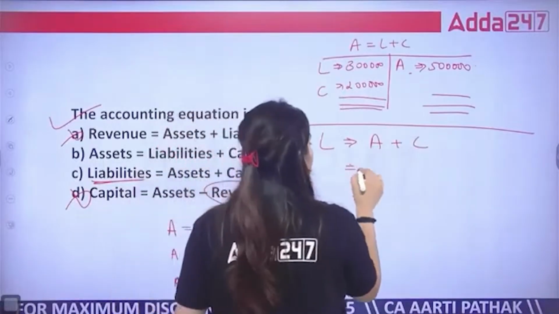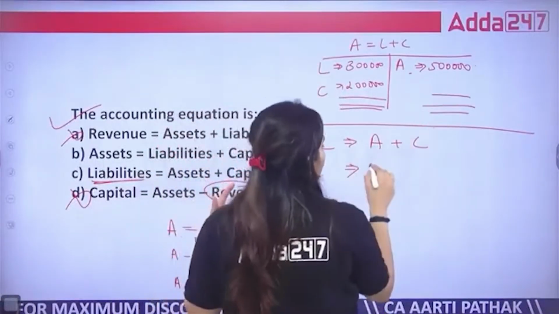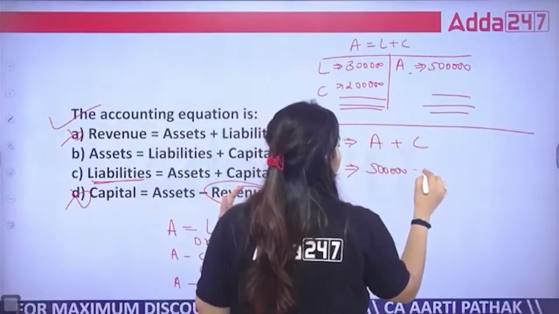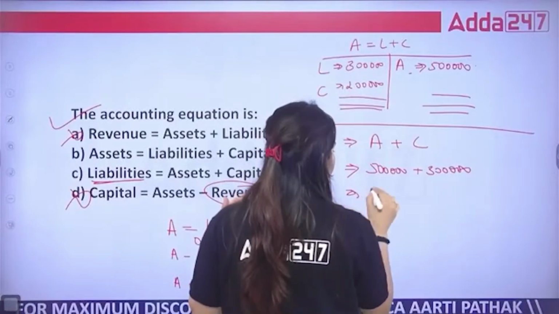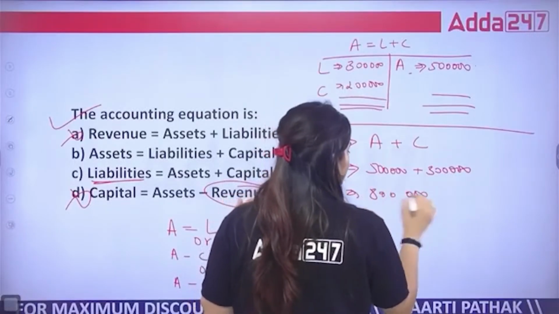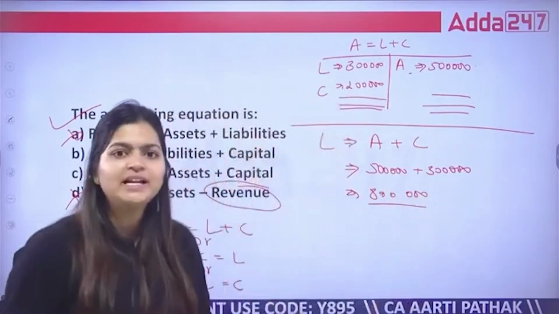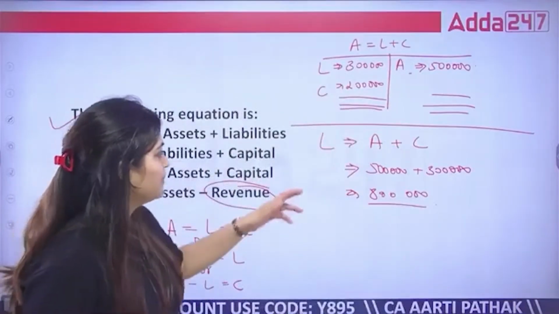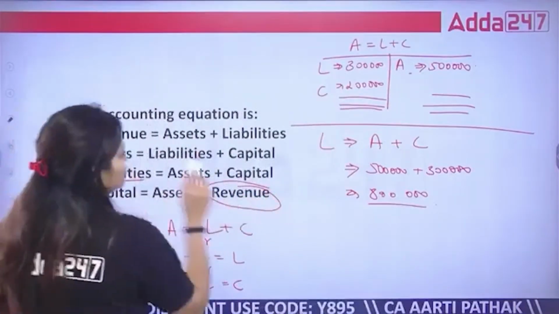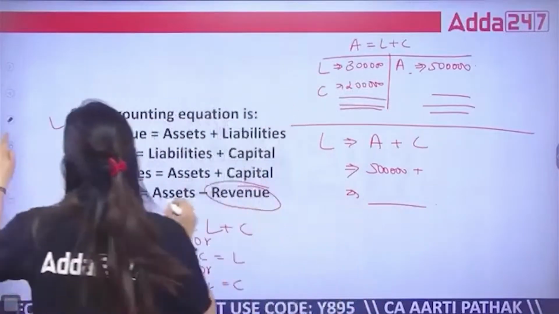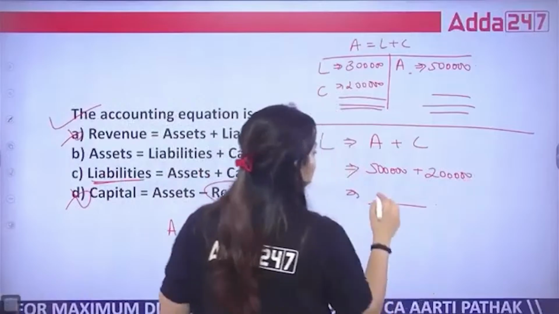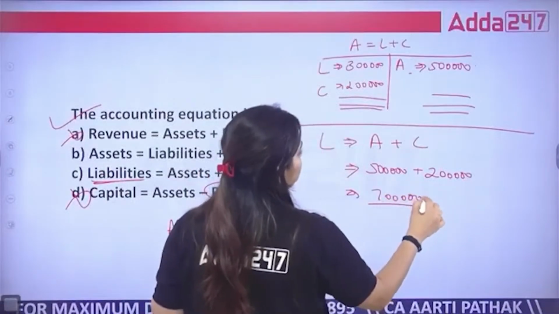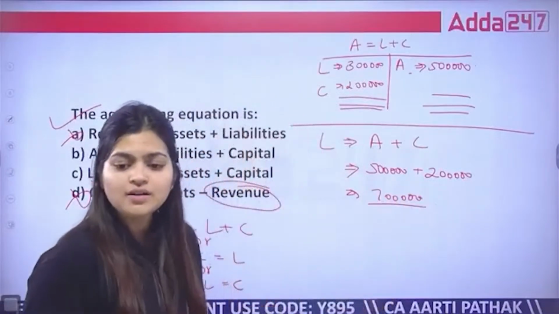What is your assets value? 5 lakhs plus what is your capital value? 2 lakh, I'm so sorry. So this gives 7 lakhs, and liabilities are not 7 lakhs. No, this is wrong.